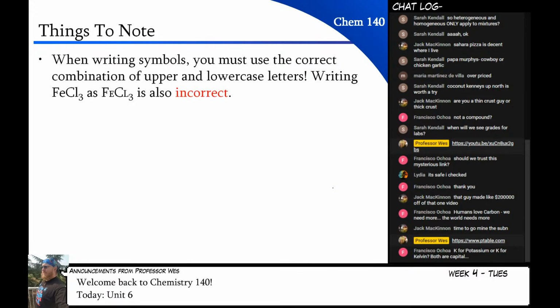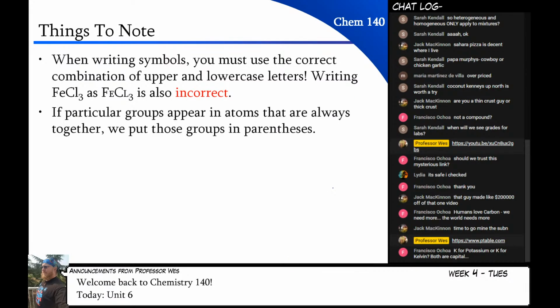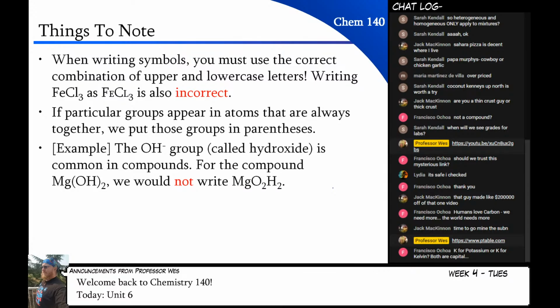All right. We've already talked about lower caps. Do not do that. And then, if you remember those polyatomic ions that we showed at the start of the class, polyatomic ions stick together. And so if you see them in compounds, they will oftentimes have parentheses written around them like this. This is written as wrong because we lose information here.